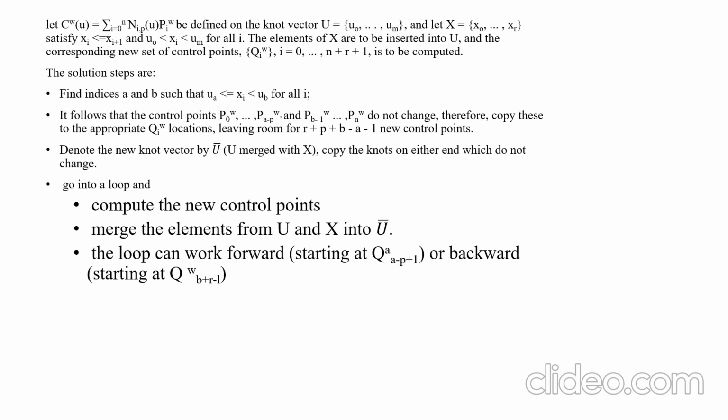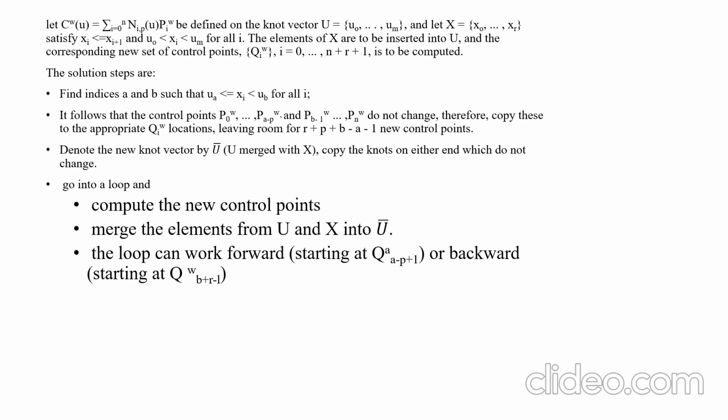Let C^w(u) be a curve defined on the knot vector U = {u0, ..., um}. Then let X = {x0, ..., xr} satisfy xi <= xi+1, and u0 < xi < um for all i.